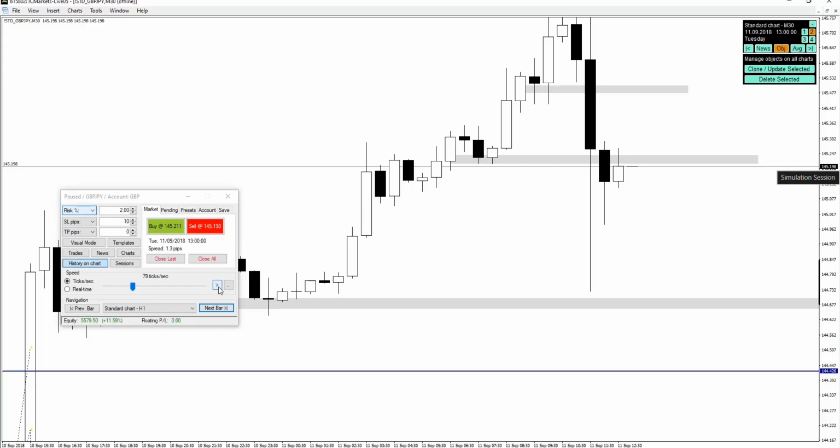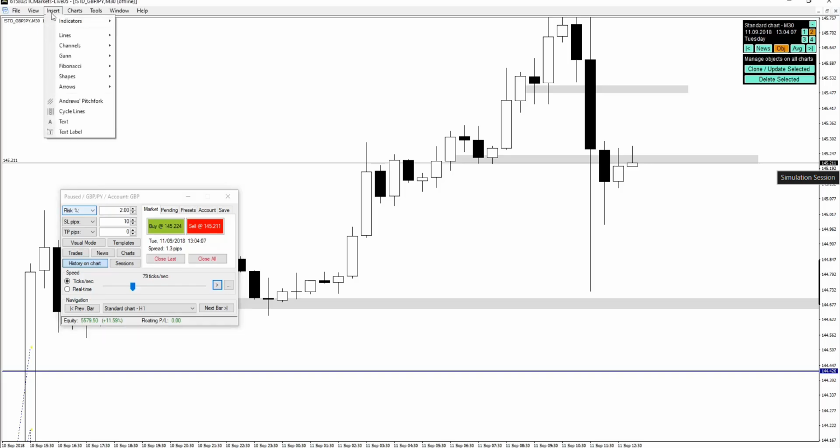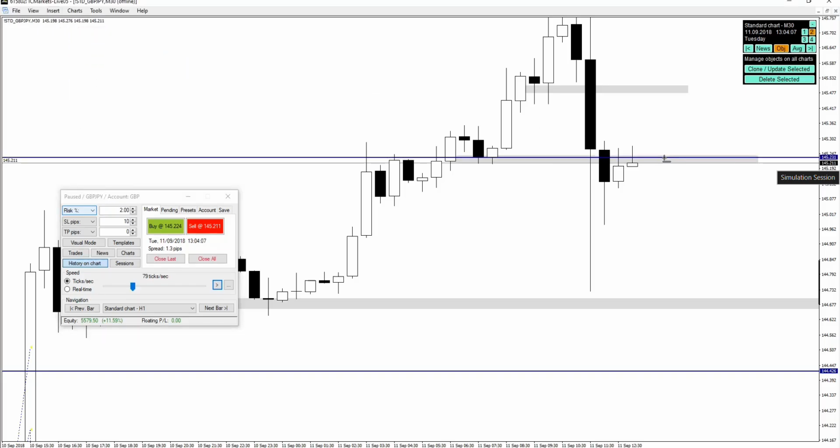So now we just basically have to wait. See, the candle is breaking up, but it's not closing up. You need a candle to break and close above this support to continue to go up, right?